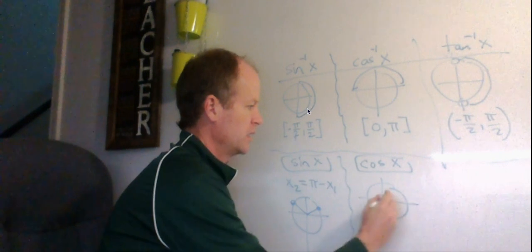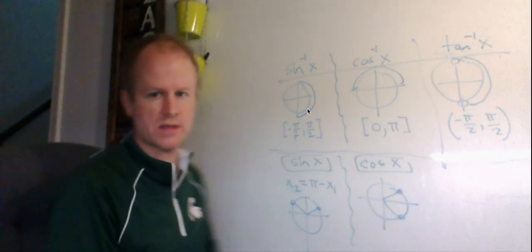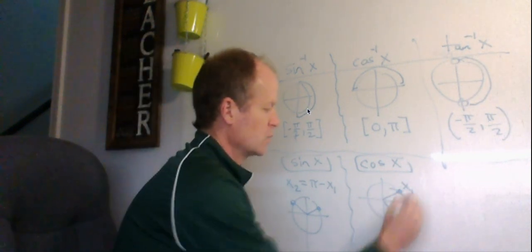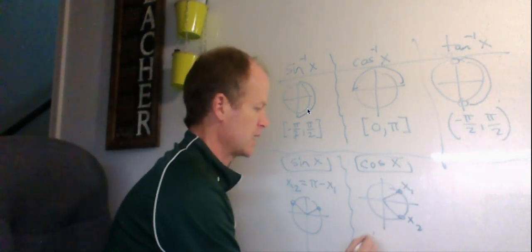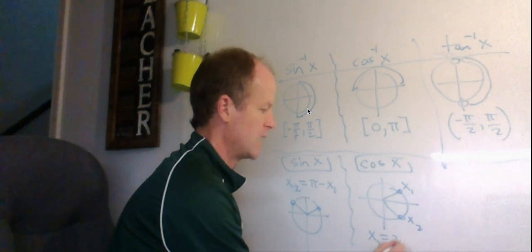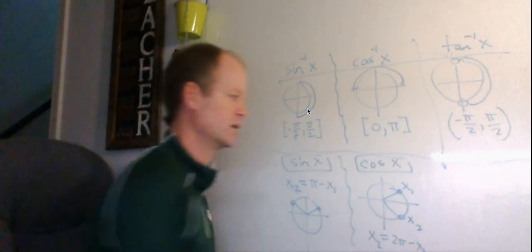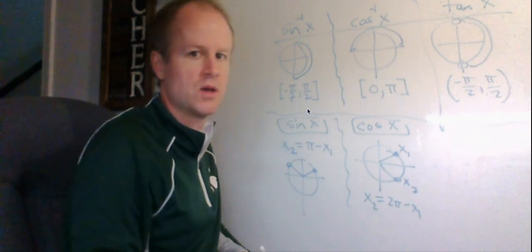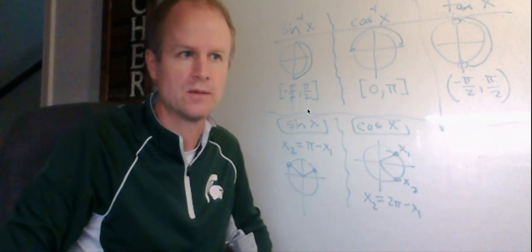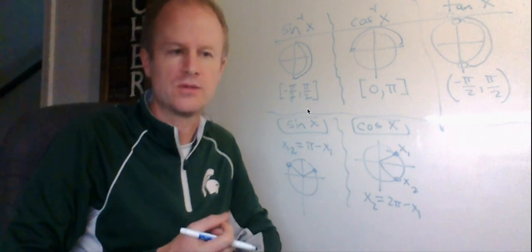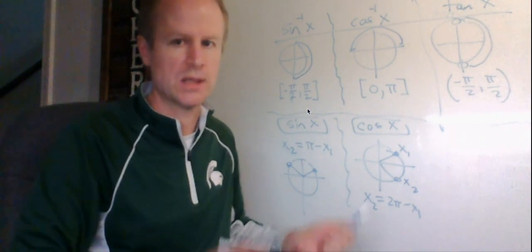If we think about the whole unit circle, and we want the same x coordinates, and this is x1 and this is x2, we'd say x2 equals 2 pi subtract x1, and that gives you all the solutions for cosine. So if I do cosine inverse and I get a solution, I have to do 2 pi minus that solution to get x2.